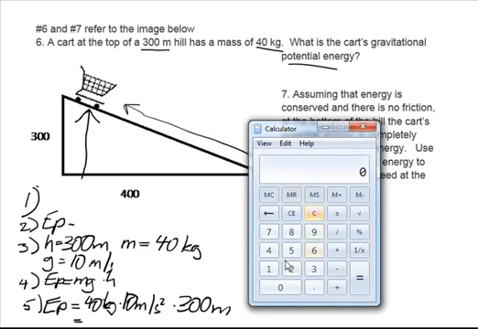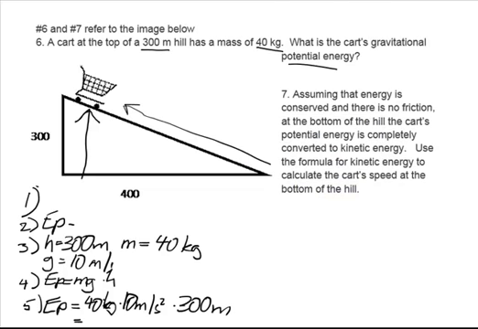I have 40 kilograms times 10 meters per second squared times 300, and I've got 120,000. Of course, the calculator can do that part, figure out the numbers. These together are newtons times our distance in meters, so this is energy, so it's joules.